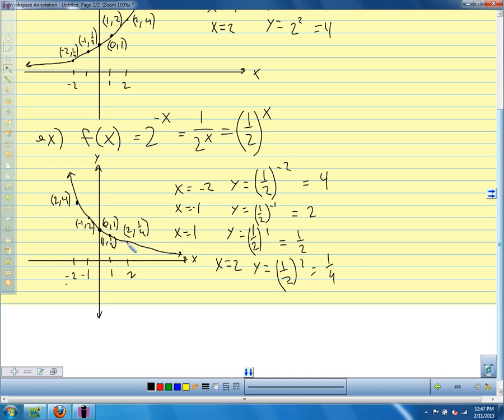So those would be some additional points on my graph. And any exponential function with a fraction as our base is going to look more or less like this. It's always going to have a y-intercept at (0, 1). The x-axis, y equals 0, is always going to be an asymptote, and it's always going to decrease like so.